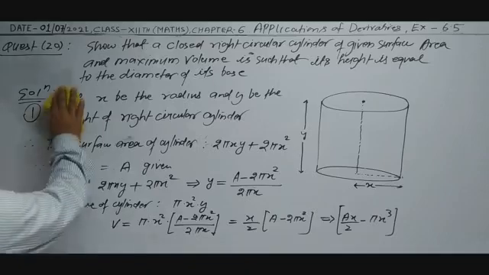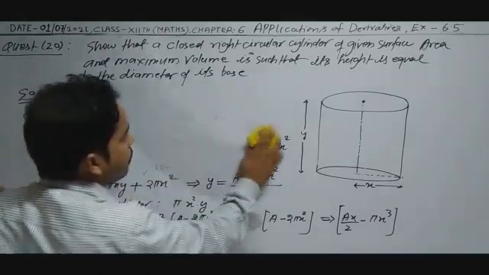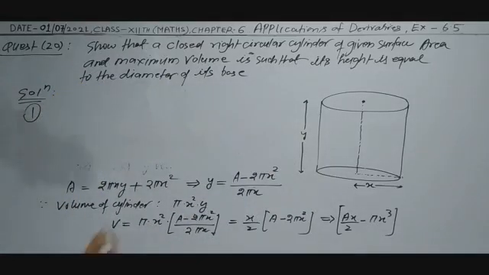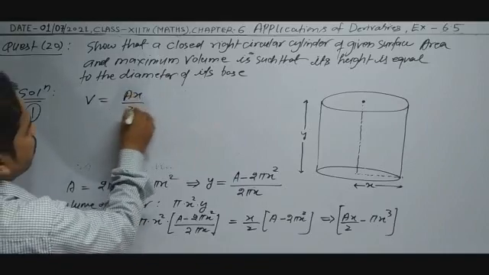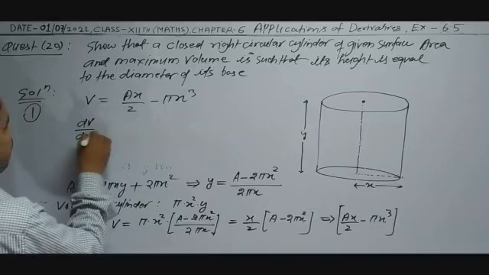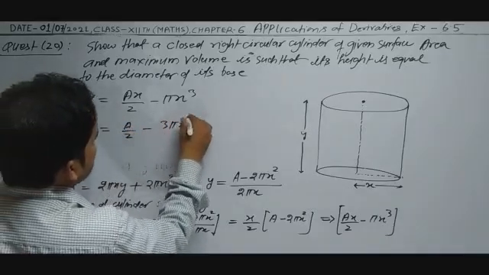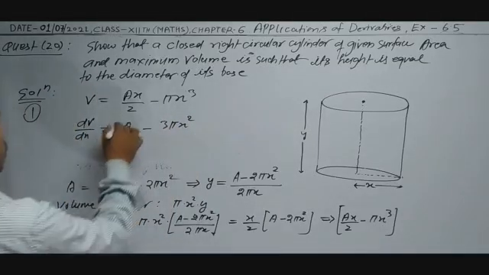V is equal to A x by 2 minus pi x cube. So dV by dx will be A by 2 minus 3 pi x square. This is the dV by dx calculation.